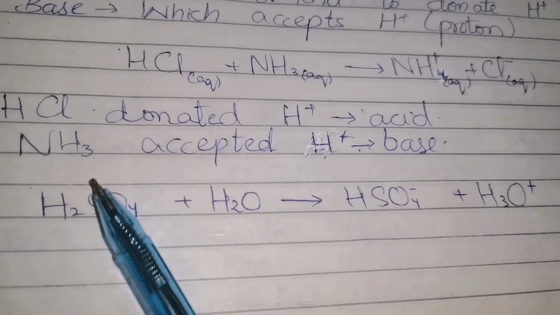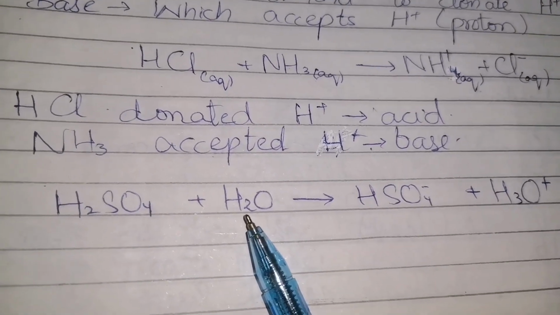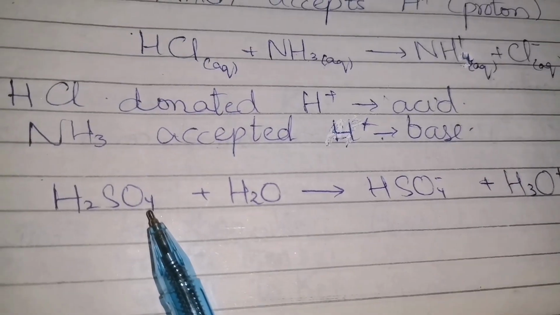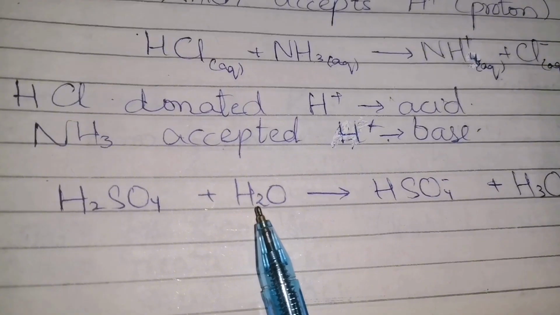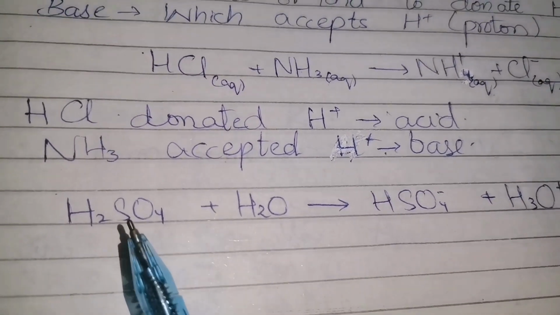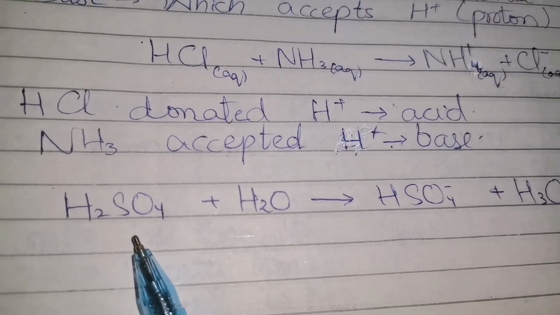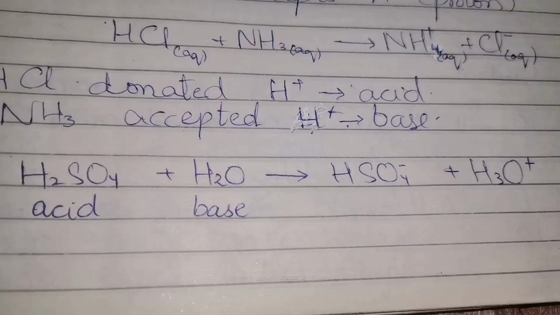Now let us take another example in which we have H2SO4, sulfuric acid, which reacts with water. H2SO4 donated its proton to water. The one which donates is known as acid and the one which accepts is known as base.